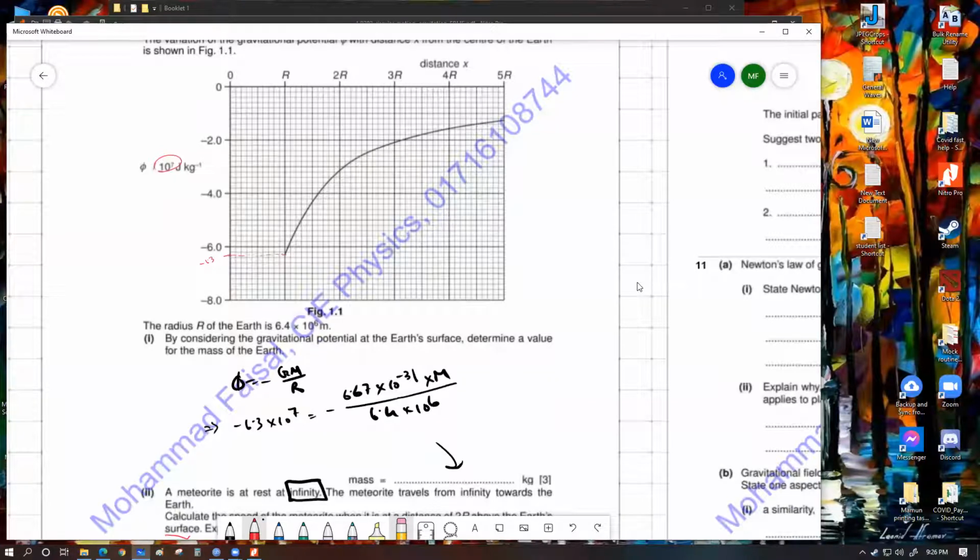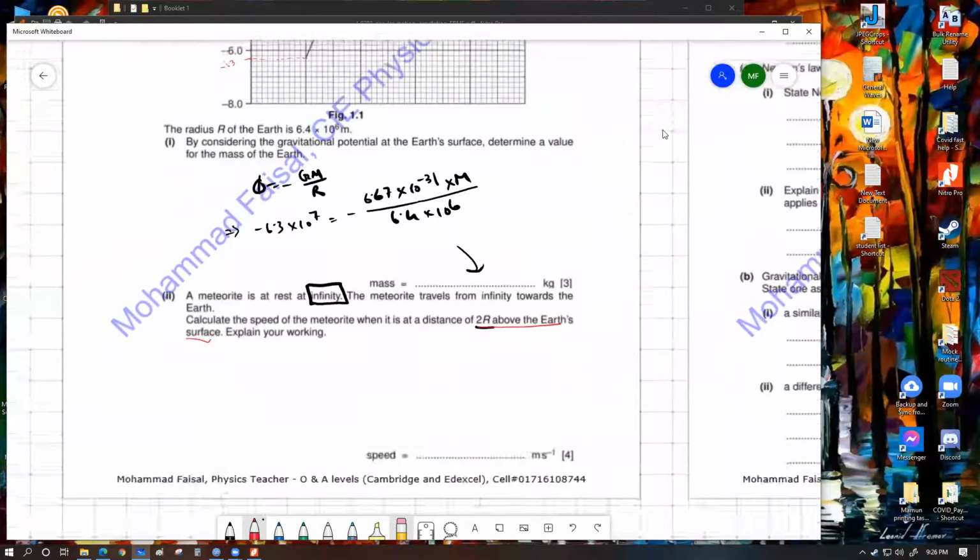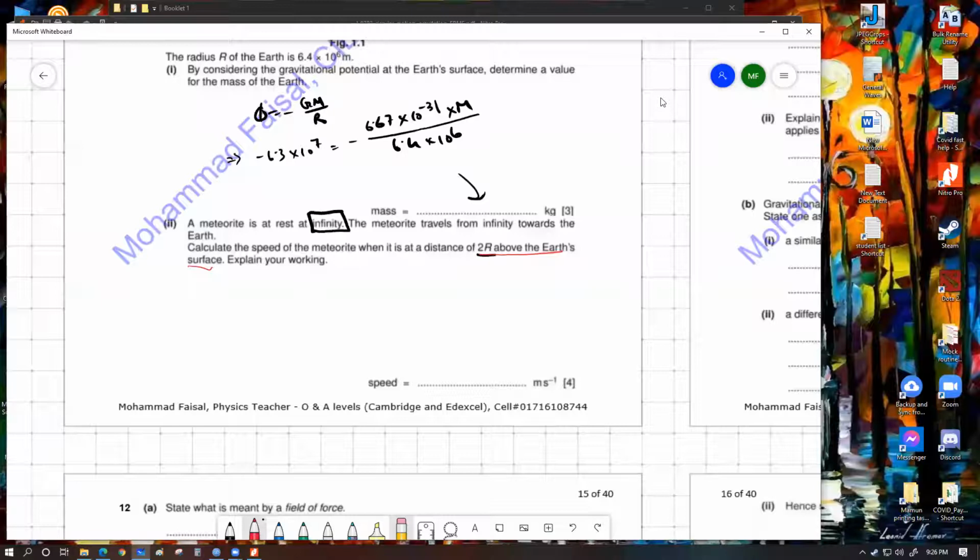So we are trying to take a reading for this point's potential, which is somewhere over here. It's a bit of a fraction, so I might use minus 2.1 for this point. They're asking us to find the speed, so I'm going to write half mv squared, that is the kinetic energy, equals m multiplied by 0 minus, how much did we get?